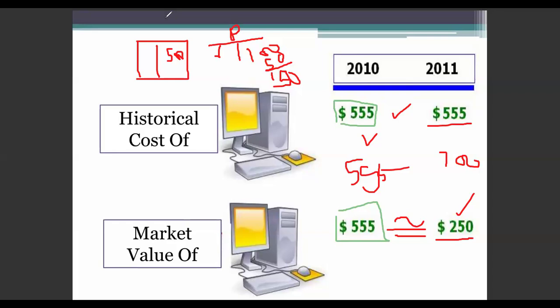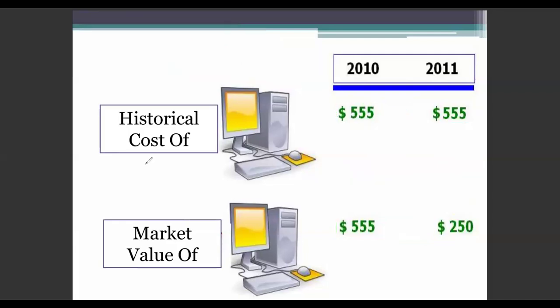Number one. Number two, cost is something which is inclusive of all. Now, what does inclusive of mean?